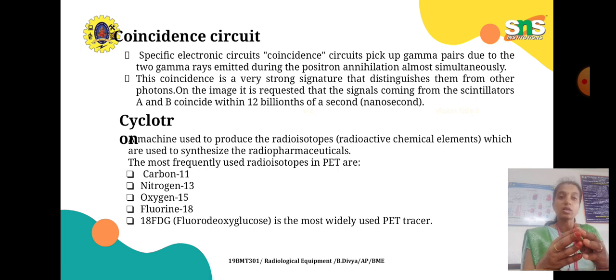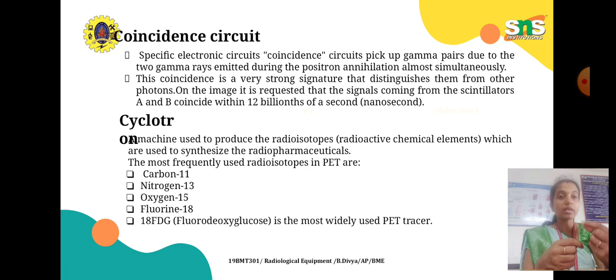Next is the cyclotron, a machine used to produce radioisotopes, which are radioactive chemical elements used to synthesize radiopharmaceuticals. Radiopharmaceuticals are the elements which you inhale or which we inject into our body.